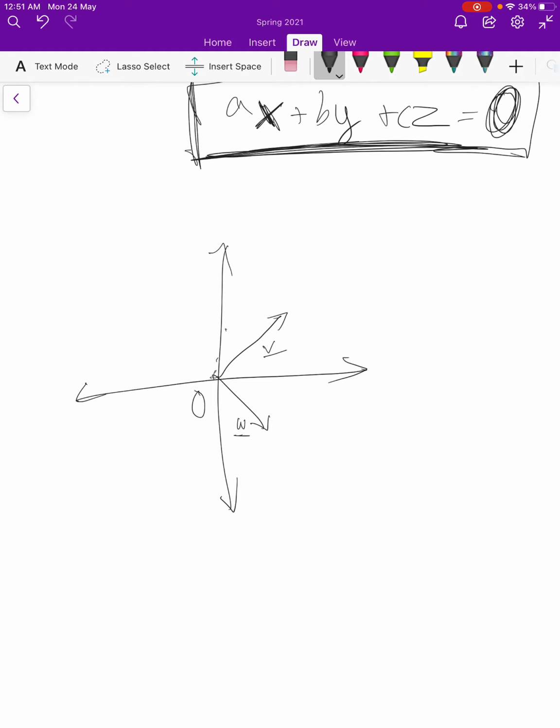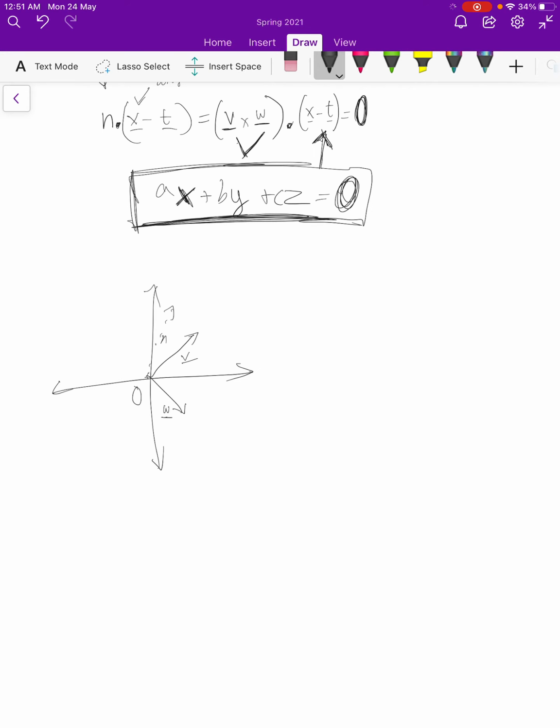We're going to get this normal vector. Well, in this case, n is normal to any vector in this plane, correct?